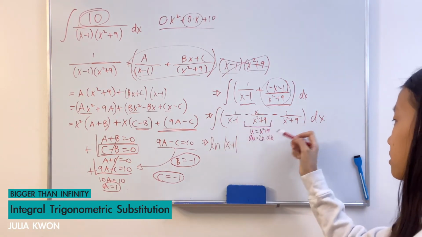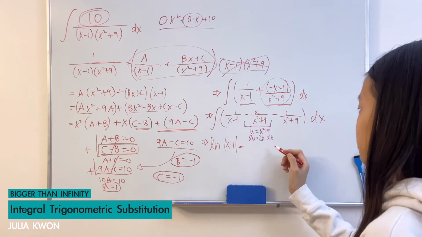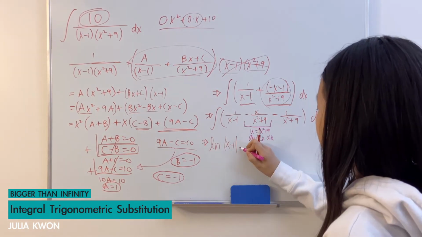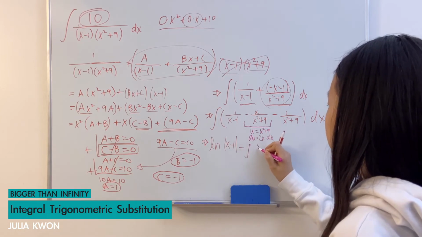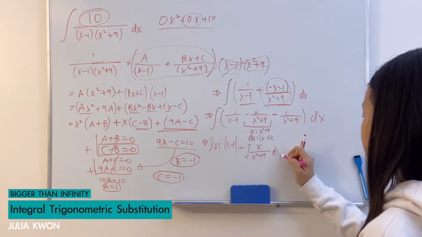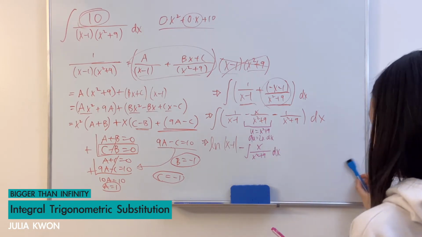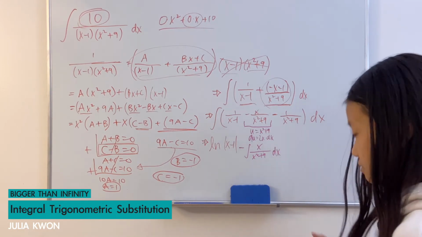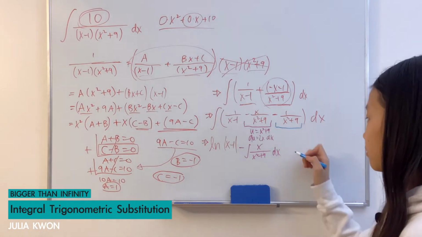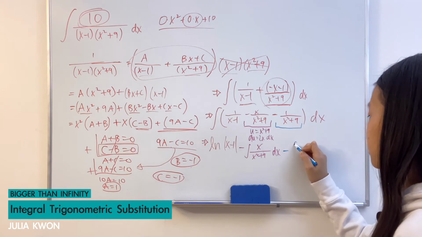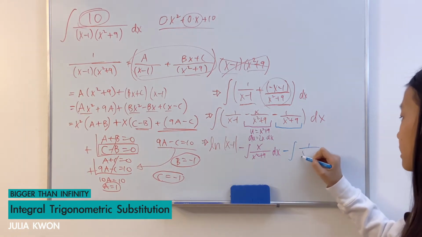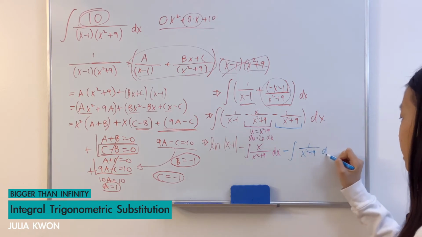We have 3 of these, so it will look like this: minus the integral of x over x squared plus 9 dx, and also another different integral, minus the integral of 1 over x squared plus 9 dx.